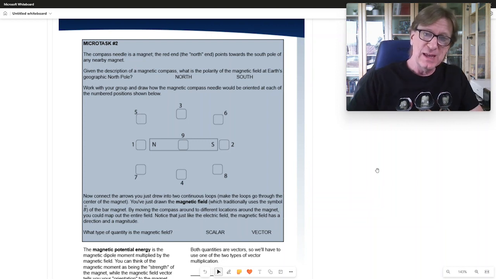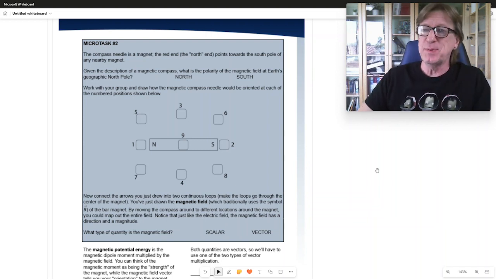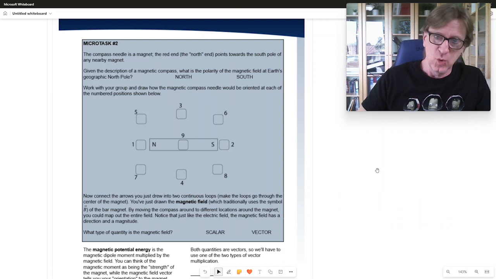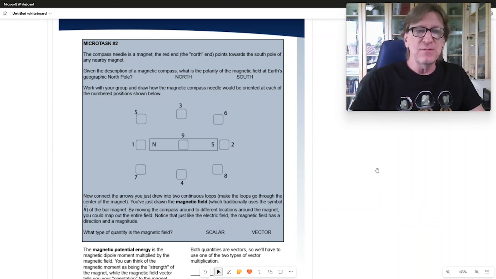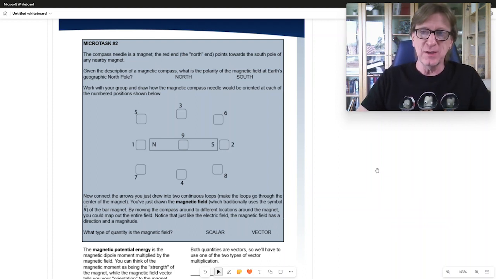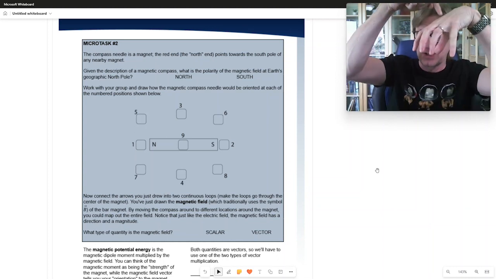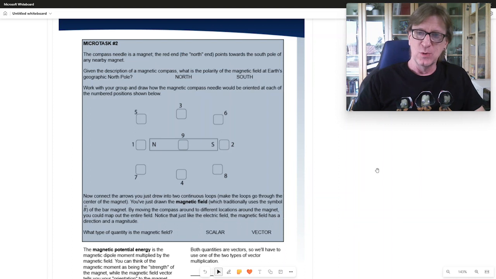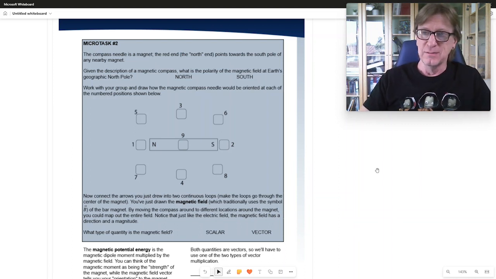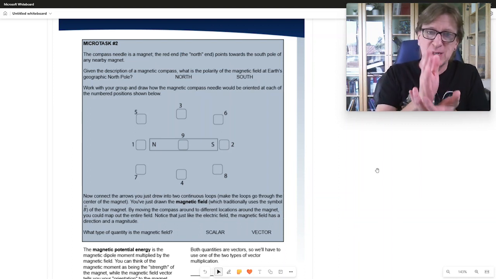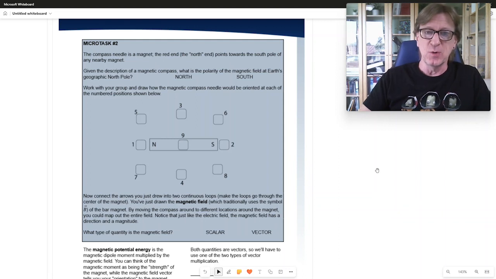So, given that description, what is the polarity, and by that I mean north or south, of the magnetic field at the Earth's geographic North Pole? Think about what that means. The geographic North Pole is the top of the Earth here. If that red magnet on the compass is pointing towards the geographic North Pole, what must be the polarity of Earth's magnetic field at the North Pole?